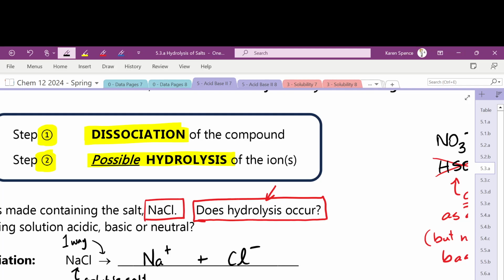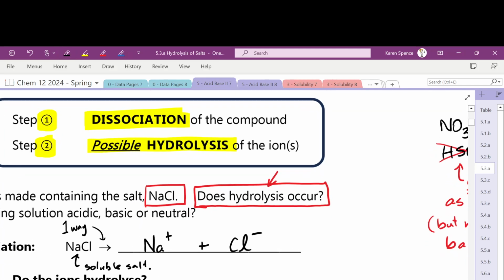So now we ask ourselves, do they hydrolyze? What does it mean to hydrolyze? Give the definition to your partner, please. To hydrolyze means to what? To react with what? Water. Hydro, yes?